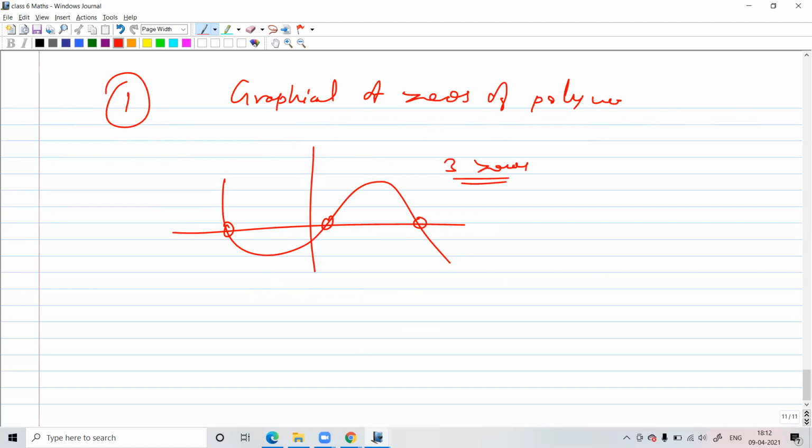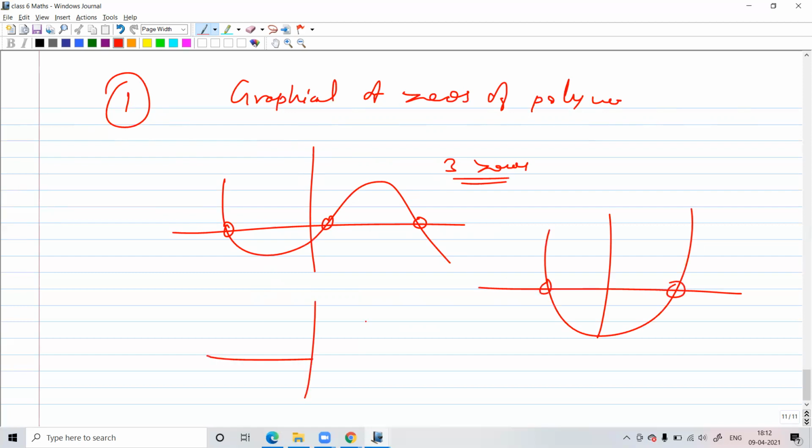If it is crossing 2 times, it has 2 zeros. If it is not crossing the x-axis at all, it has no zeros. So finding the number of zeros by looking at the graph. Everyone remembers this? Give me a confirmation. Yes, sir.